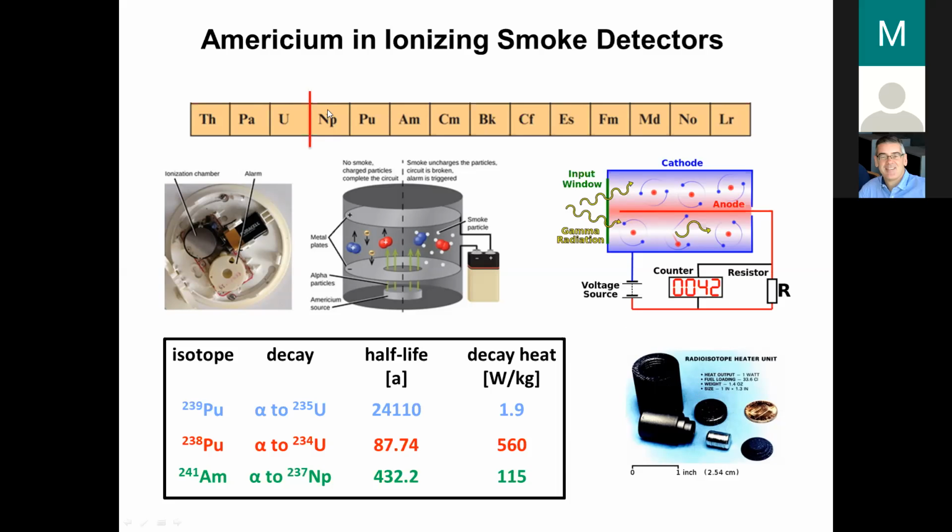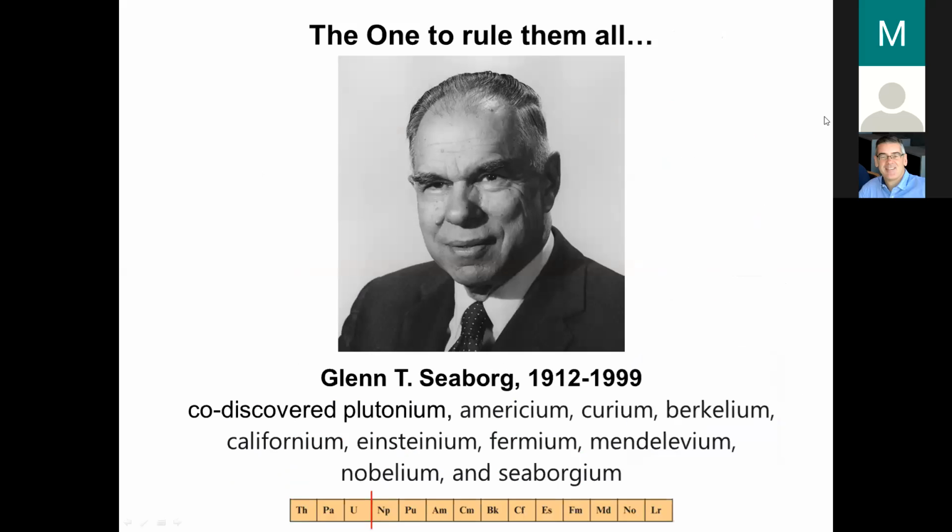Since we have now talked about several of these transuranic elements, of course, I want to introduce you to the scientist who rules them all, who basically discovered most of them, Glenn Seaborg, former professor at Berkeley. He discovered 10 of those transuranic elements during his time in Berkeley, which we are very proud of, while he was also supervising or leading experiments at Argonne National Lab and over in Chicago during the Manhattan Project.